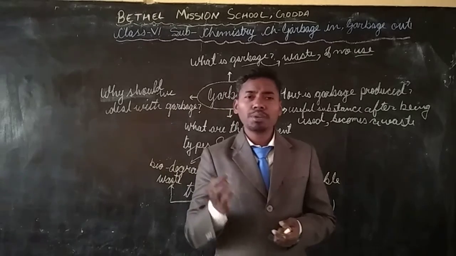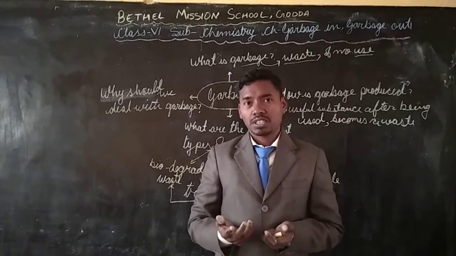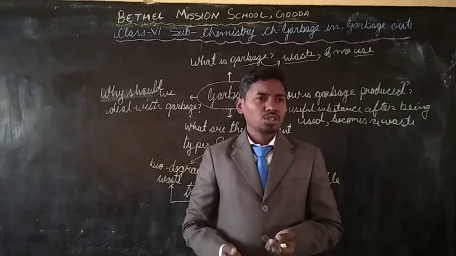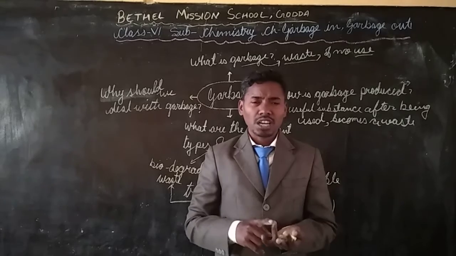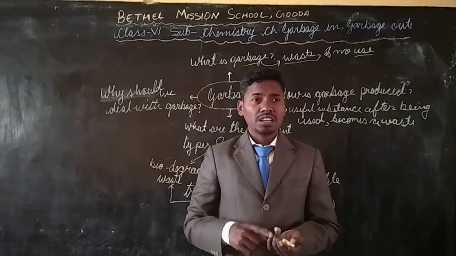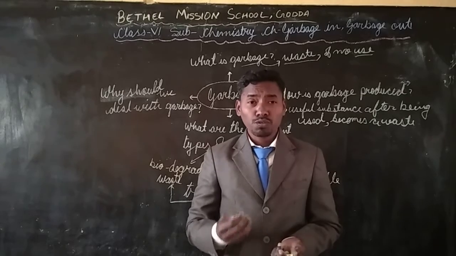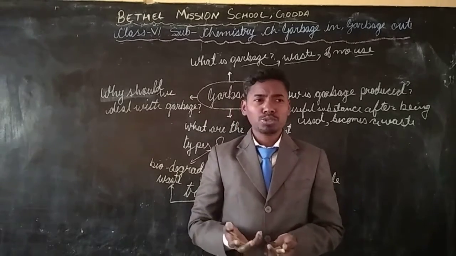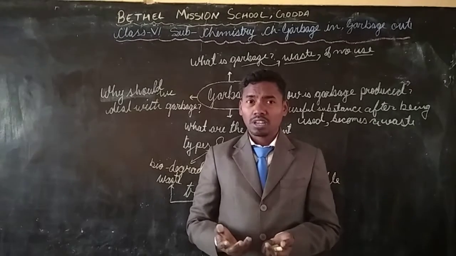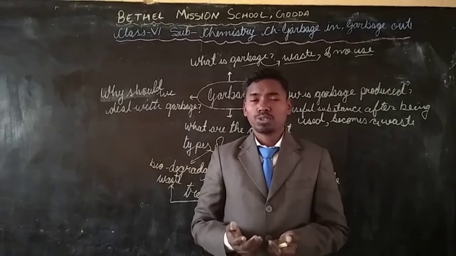It will surely give us adverse effects also, and that is why we get sick. There are so many waterborne diseases: jaundice, typhoid, malaria, dengue, and sometimes food poisoning. So there are so many problems that can occur to us if our environment is polluted.